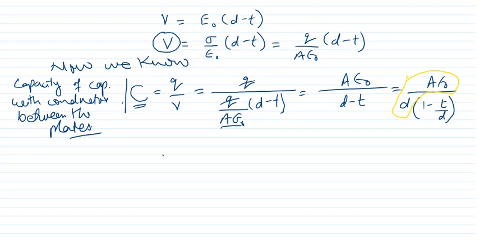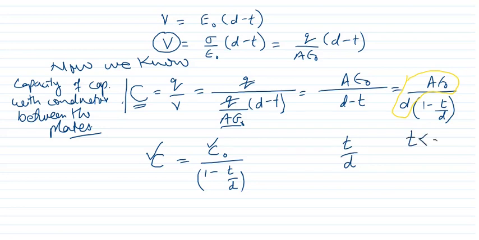So therefore C will become equal to C naught upon 1 minus T upon D. Now you can see that the new capacitance is equal to the old divided by something, and this something is 1 minus T upon D, and T is always less than D.